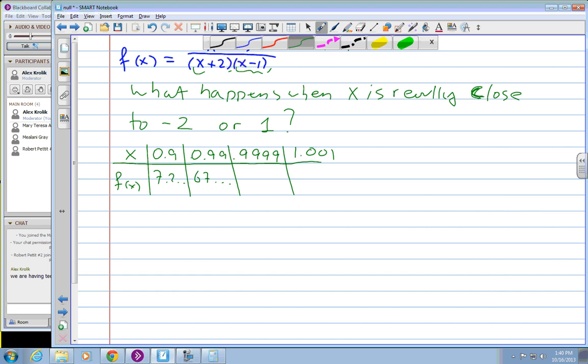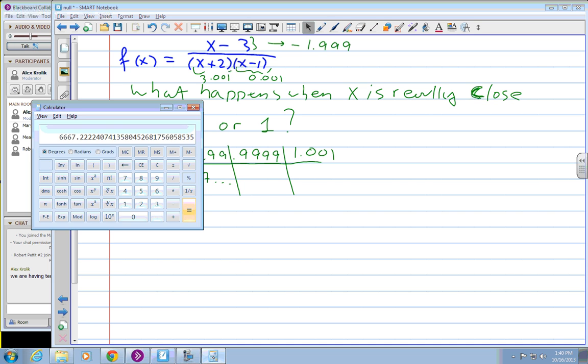Right here I'll get 3.001, and over there I'll get 0.001. I'll still get a very large number, but the difference is that the number will have a negative sign. So we're getting large negative numbers.